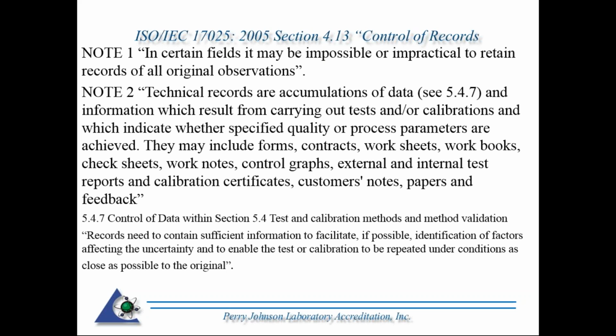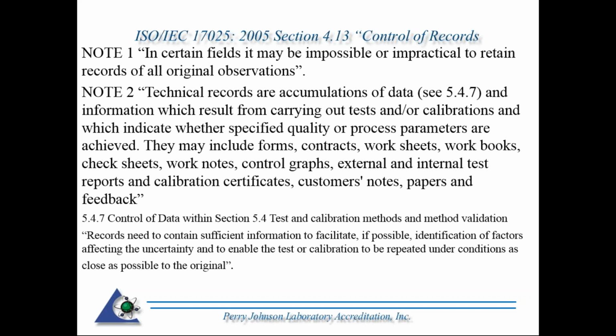So again, technical records and accumulation of data and information which results from carrying out testing or calibrations which indicate whether specific quality or process parameters are achieved. They may include forms, contracts, worksheets, workbooks, check sheets, work notes, control graphs, external and internal test reports, and calibration certificates, customers' notes, papers, and feedback.